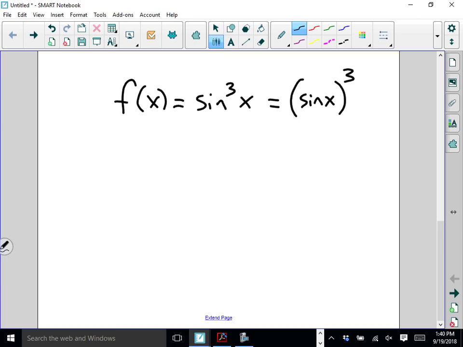When we write it like this, it's going to be easier to identify the inner function and the outer function. When we look at it written as sine of x in parentheses to the third power, we can see that sine x is our inner function, and x cubed is our outer function.